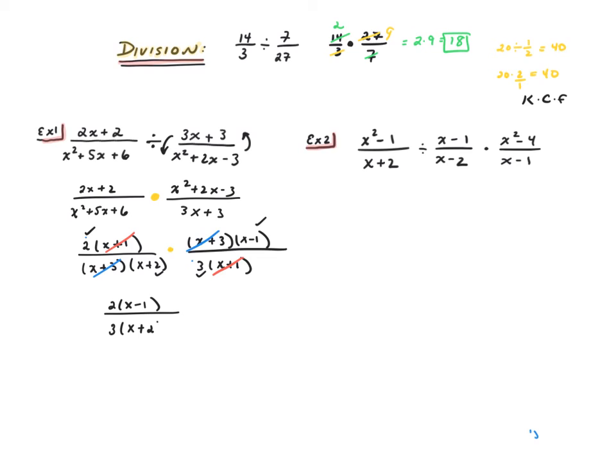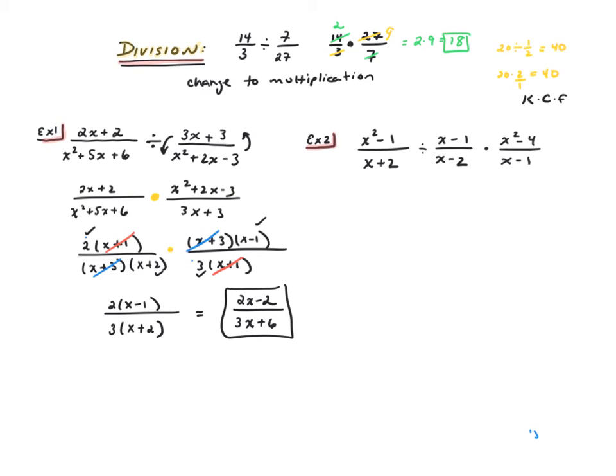Now this one's not too bad to multiply out, so I'm just going to go ahead and do that. 2x minus 2 over 3x plus 6. And that's the answer. So for division, you're going to change to multiplication. That's the goal. That's what you do with division.